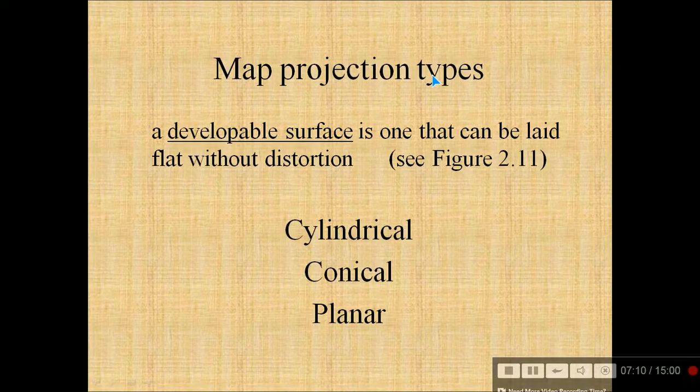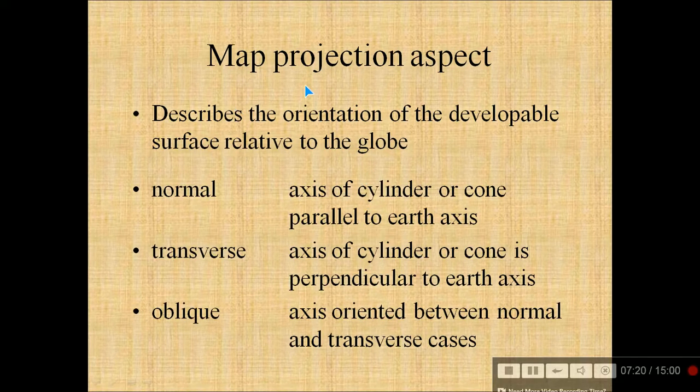And map projection types: a developable surface is one that can be laid flat without distortion. It may be cylindrical, conical or planar. Map projection aspect describes the orientation of the developable surface relative to the globe. Developable surface means you put a light source inside a globe and then wrap the developable surface onto that globe, and wherever it creates an image, then open it, that is, you can develop that surface.